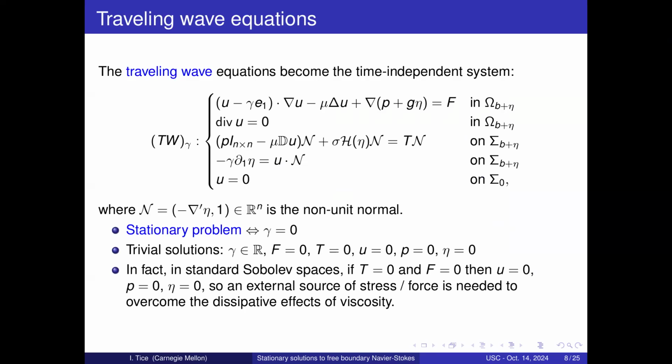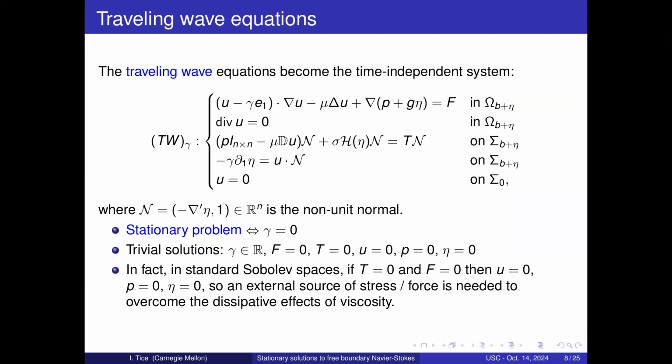Okay, so as a reminder, the fully stationary problem, the time-independent unmoving problem, corresponds to gamma equal to 0. The other thing that I want to point out is a very deep mathematical observation: if I take any gamma, no forcing, no applied stress, then I have a trivial solution 0, 0, 0.